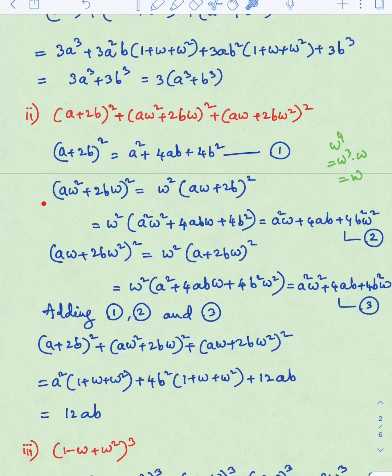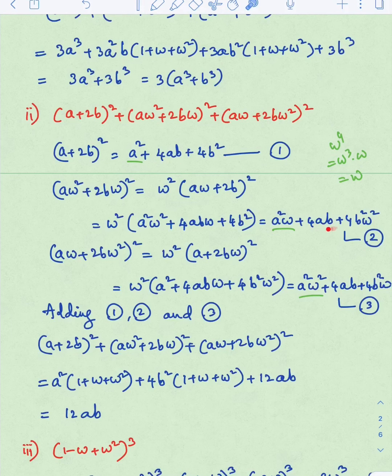Now we are adding 1 plus 2 plus 3. That is a plus 2b whole square plus this plus this. This is the LHS, equal to now the RHS. Here also, like the previous problem, in all these, what should we do? A square is common. Then what happened? 1 plus omega plus omega square.